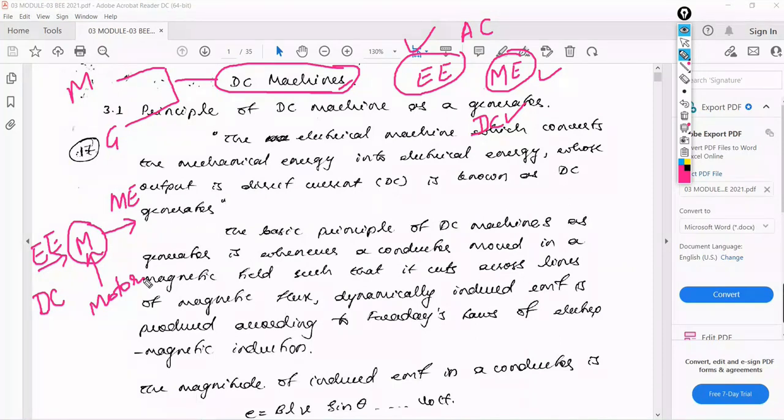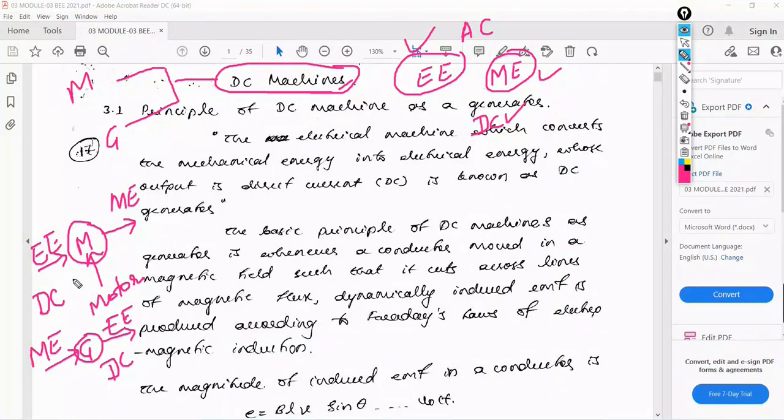Then what is a generator? A generator is the electrical machine which is provided with mechanical energy and produces electrical energy, but this electrical energy output is in the form of DC power supply.